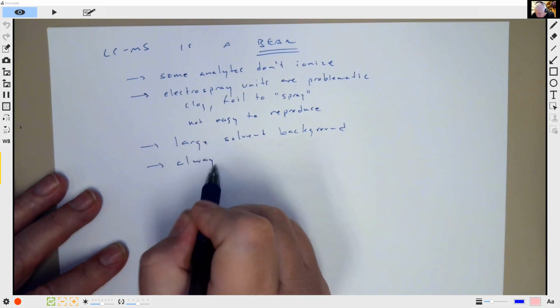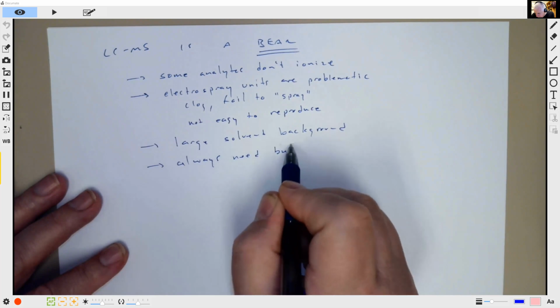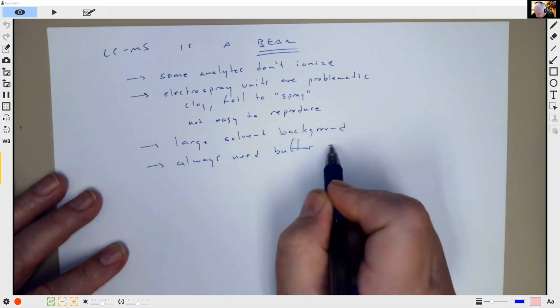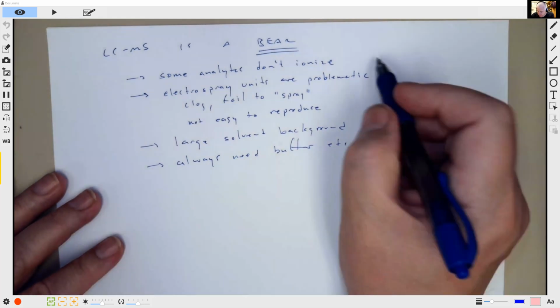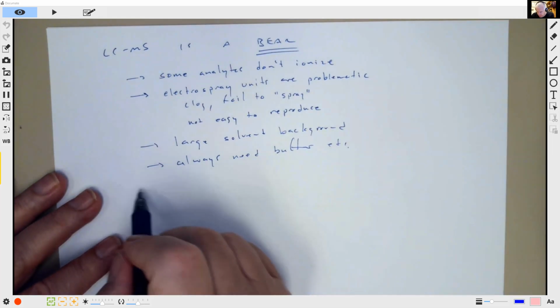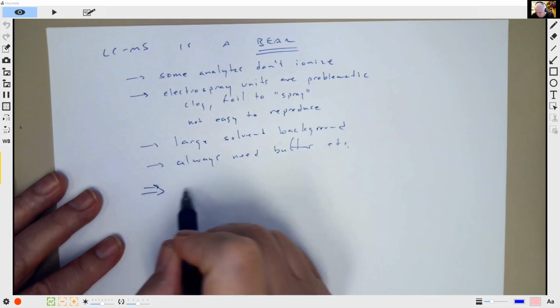You always need buffer, etc. Right? Still, if you can do it, it's a very powerful technique.